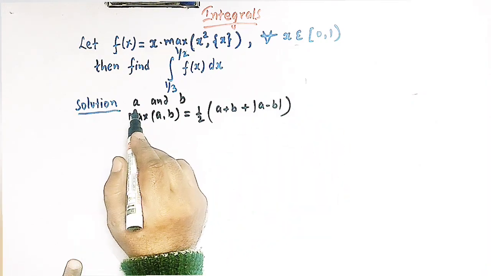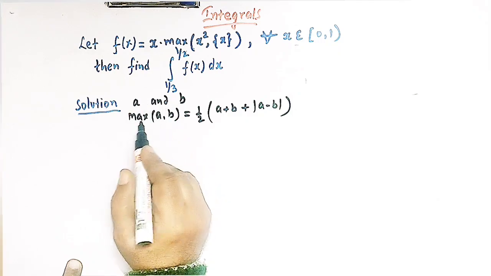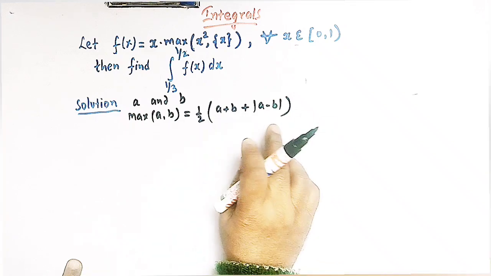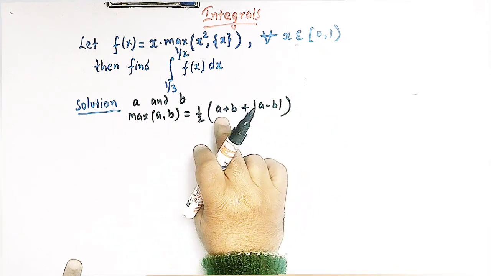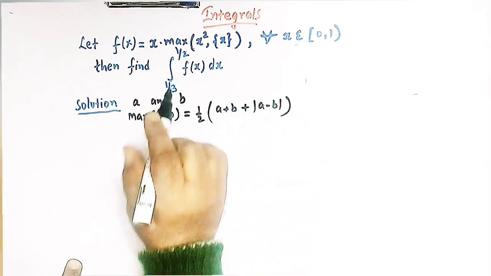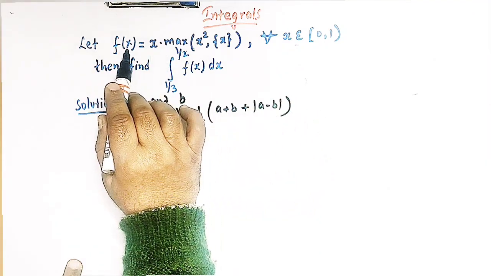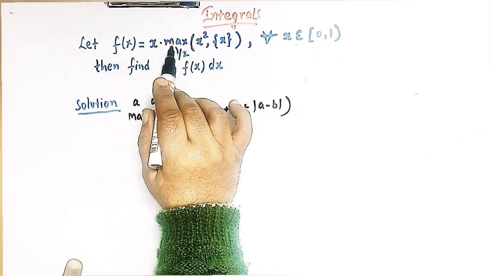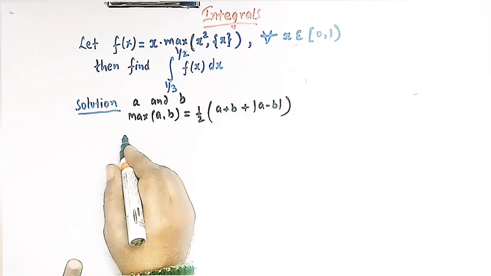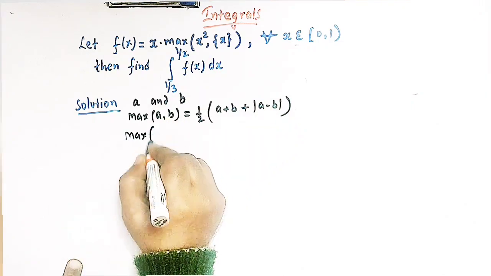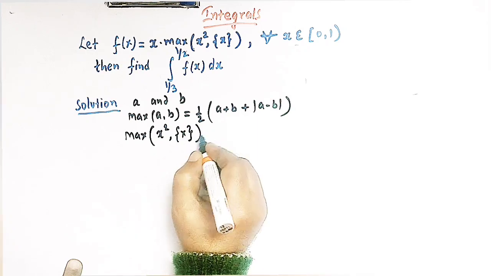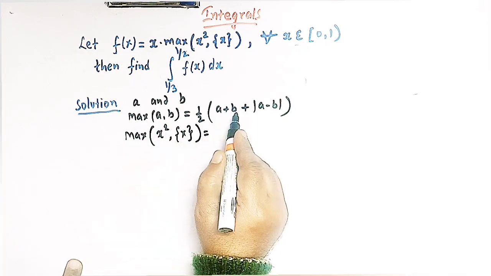So whenever we have two quantities A and B, the maximum of A and B is given by this expression, that is half (A plus B plus mod of A minus B). Here the function f(x) has the maximum of x squared comma fractional part of x, which is given by this expression.